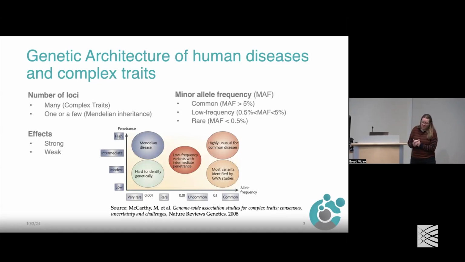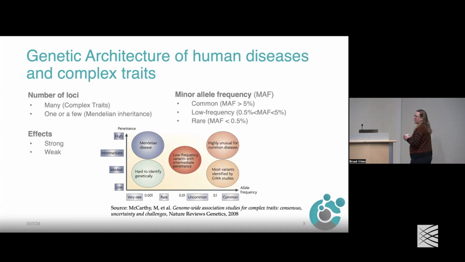Another fundamental principle of genome-wide association studies is this idea of genetic architecture of human diseases and complex traits. A genetic architecture of a trait is comprised of the number of genetic loci that are associated with that trait, their frequencies, whether common, low frequency, or rare, and then their effects, whether strong or weak.